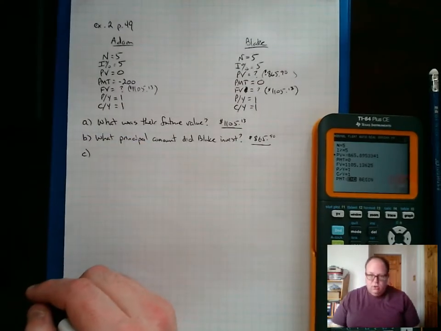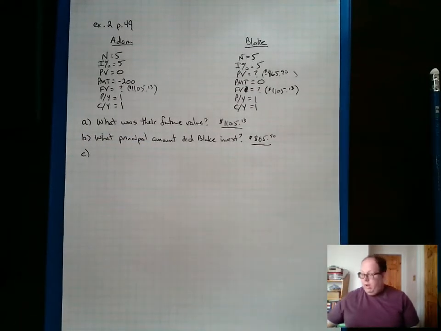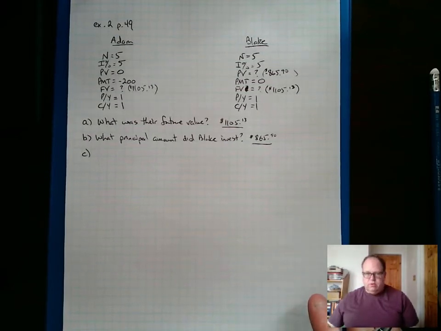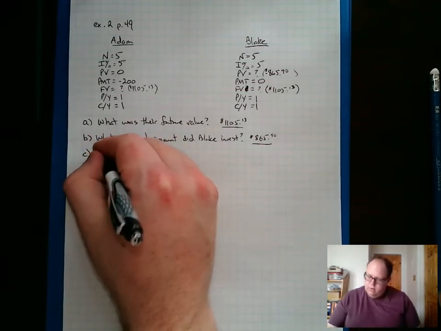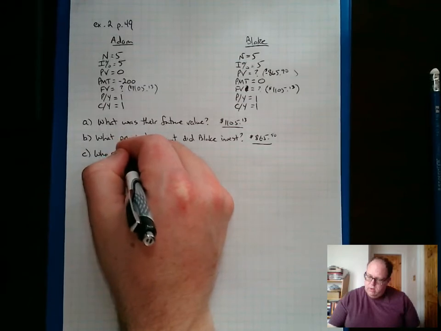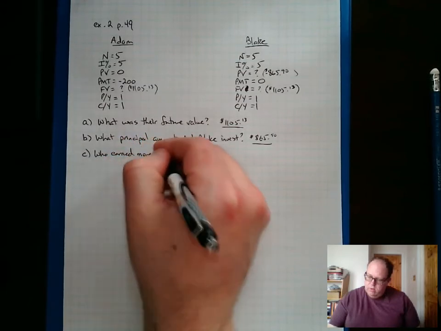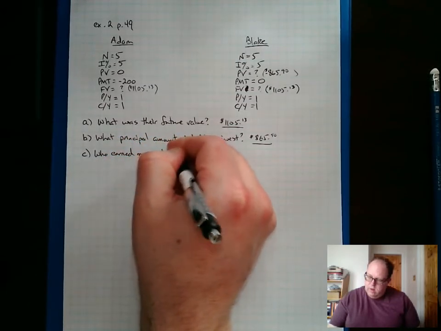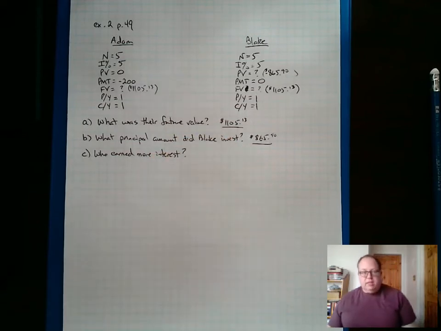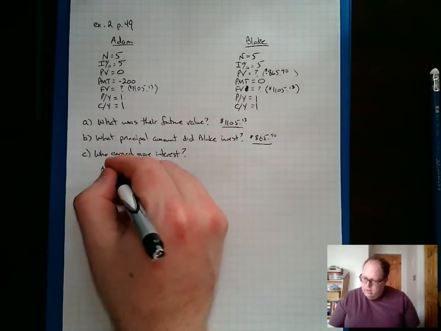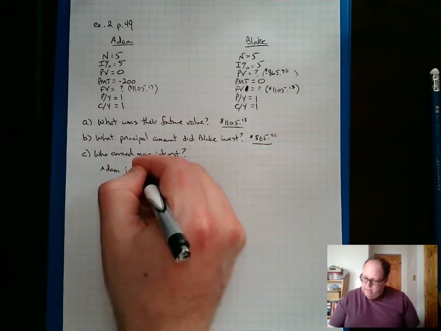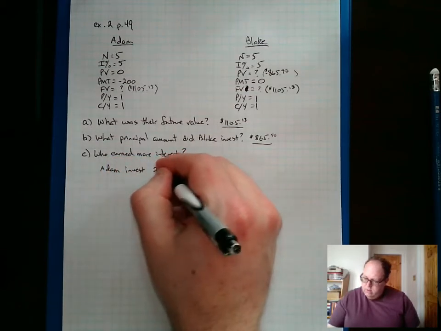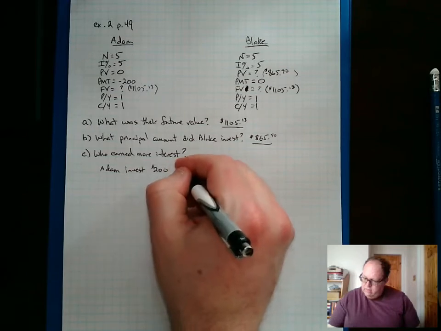And see who earned more interest and why. We'll start with who earned more interest. That's going to be a little bit of a calculation. Adam invested $200 5 times.